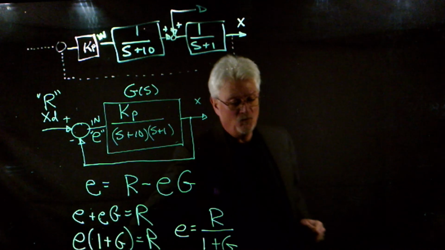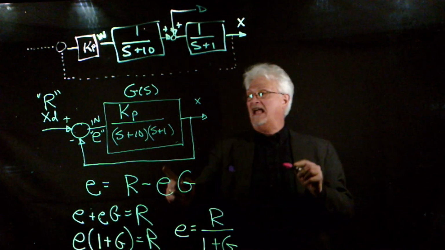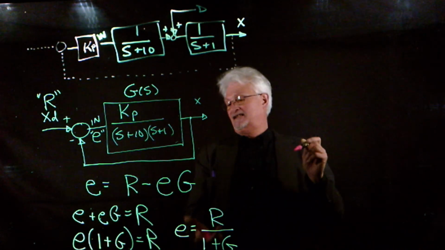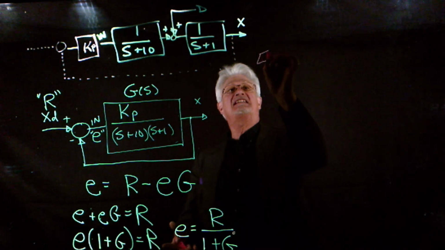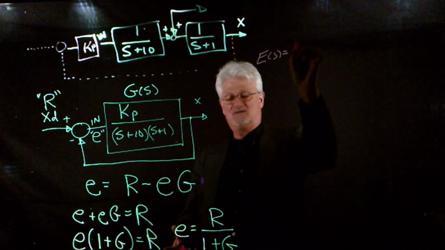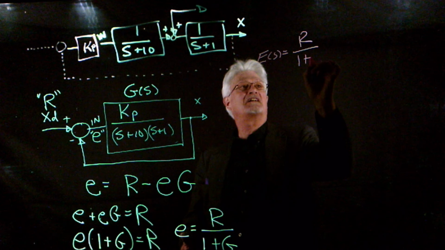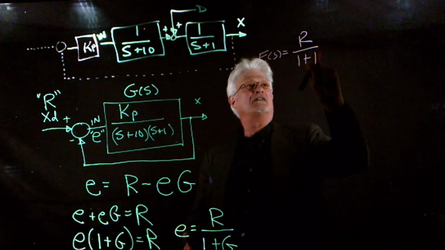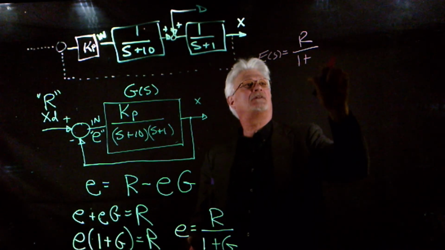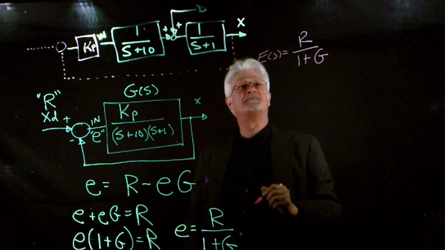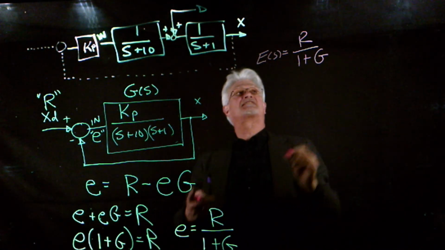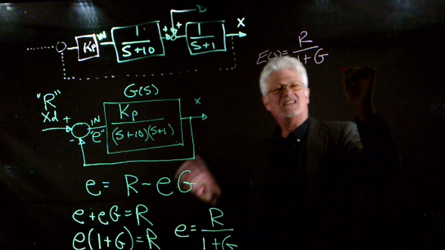All right, so what happens now when the R is a different kind of input? We can say that E of S is equal to R over 1 plus G, but sometimes R is something else. And they give you several different kinds.